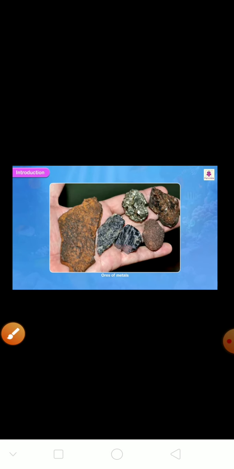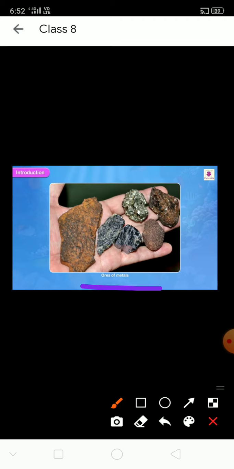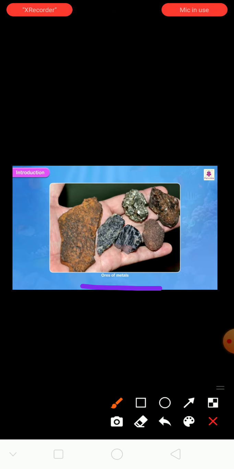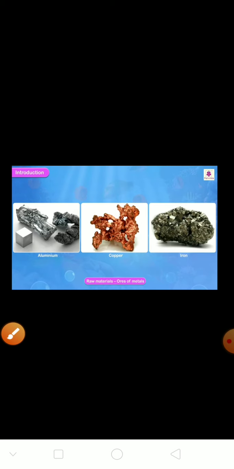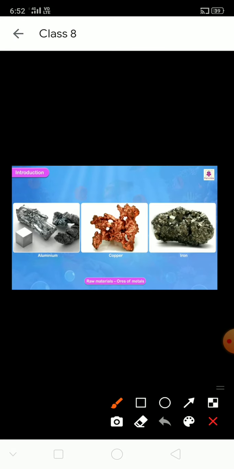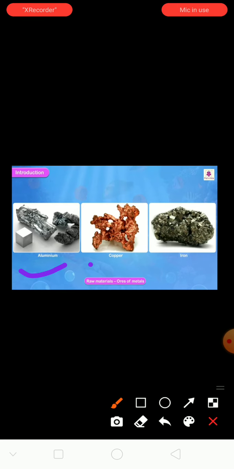Next, see here. See here in this picture, what is this? Ores of metals. Ores of metals form the raw materials. See here, some raw materials form the raw materials for metals such as aluminium, copper and iron, etc. Okay, see here, ore.